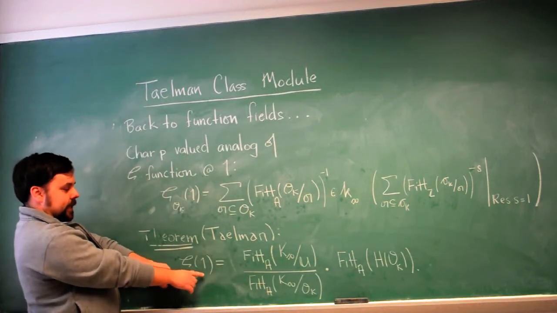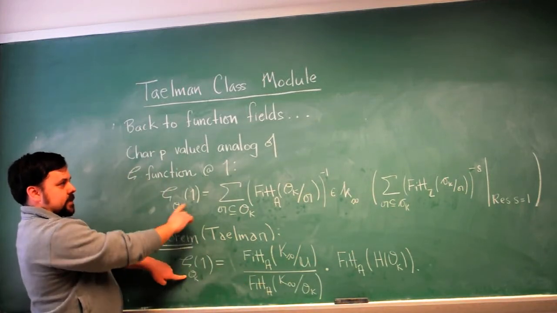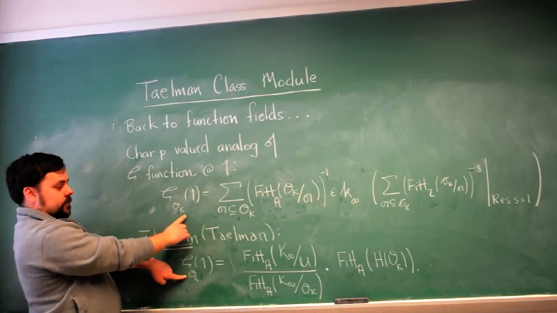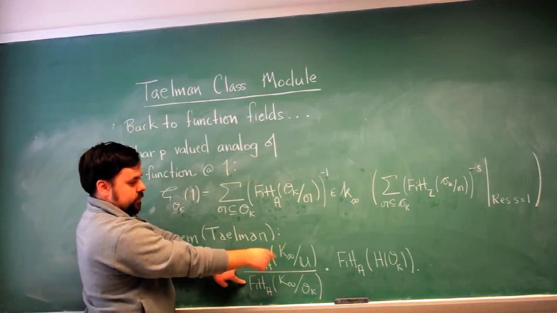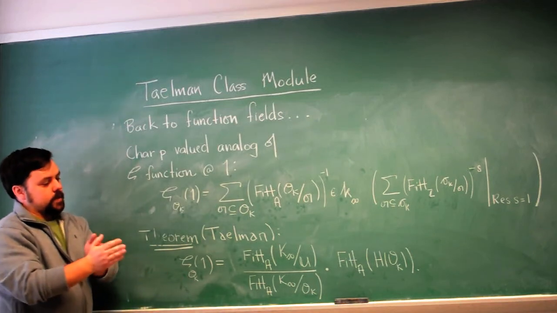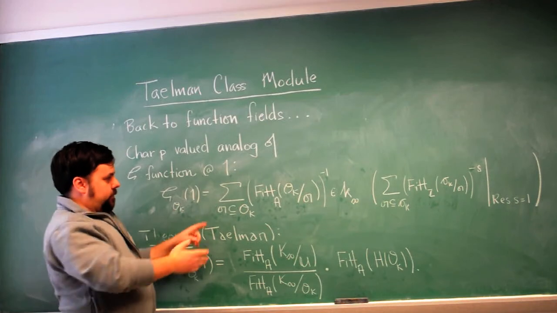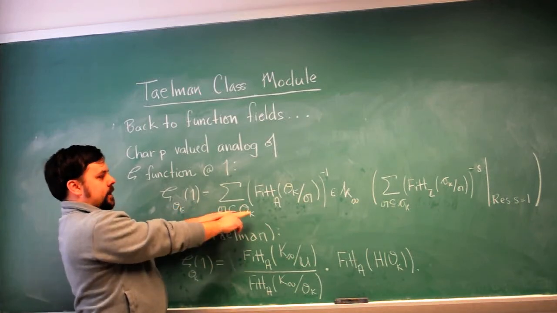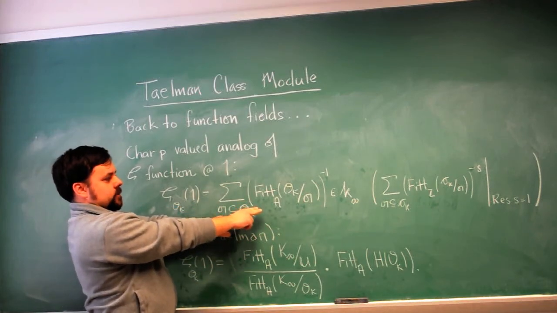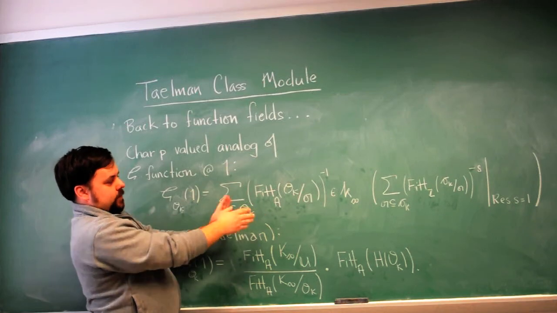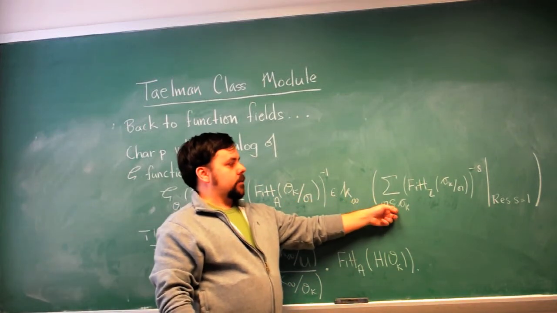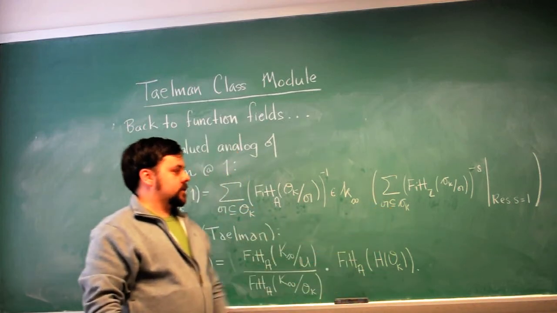It's amazing that you can relate this characteristic special value of the zeta function to the modules that we've been talking about. And it's also amazing that, on the one hand, we've written down this special zeta value as the most straightforward analog that we could have, just taking inspiration from the classical sense.